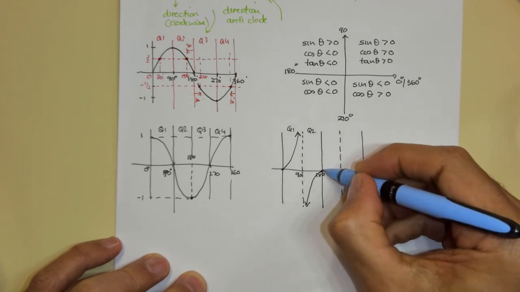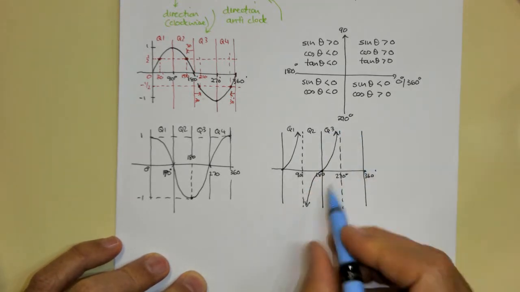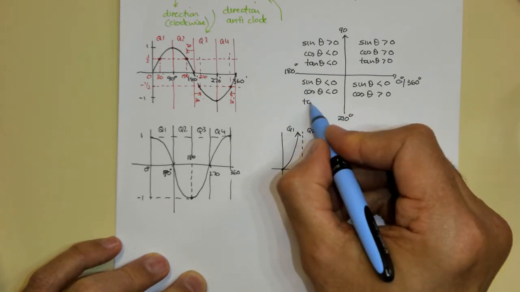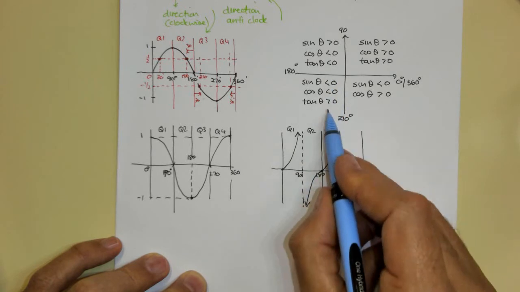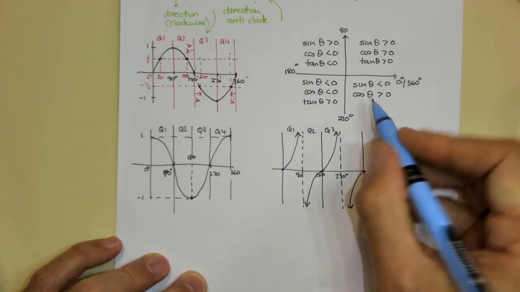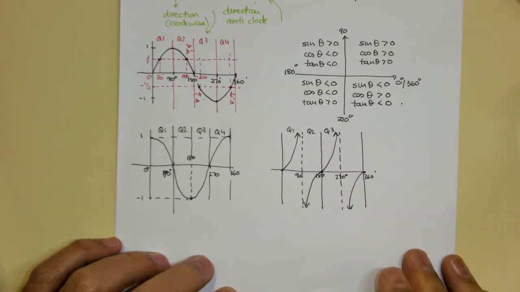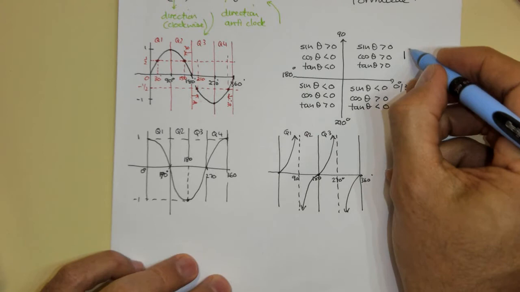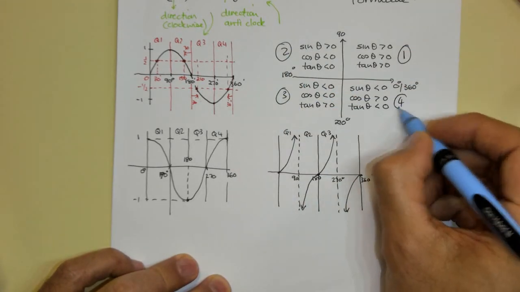Okay, in the third quadrant it continued towards the asymptote, quadrant 3. Tan again was positive, and notice it's the only function that's positive in quadrant 3, and then in quadrant 4 it became negative again. So we have our 4 quadrants: quadrant 1, quadrant 2, quadrant 3, quadrant 4.